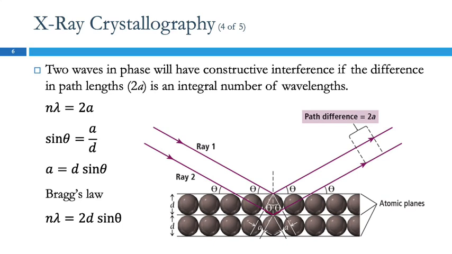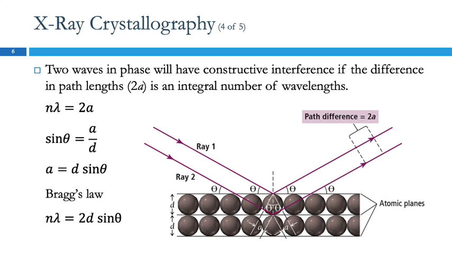I think there might be a question on an exam asking you to use Bragg's law, but we do not need to understand how Bragg's law is derived. The idea here is that we've got two X-rays, X-ray 1 and X-ray 2.